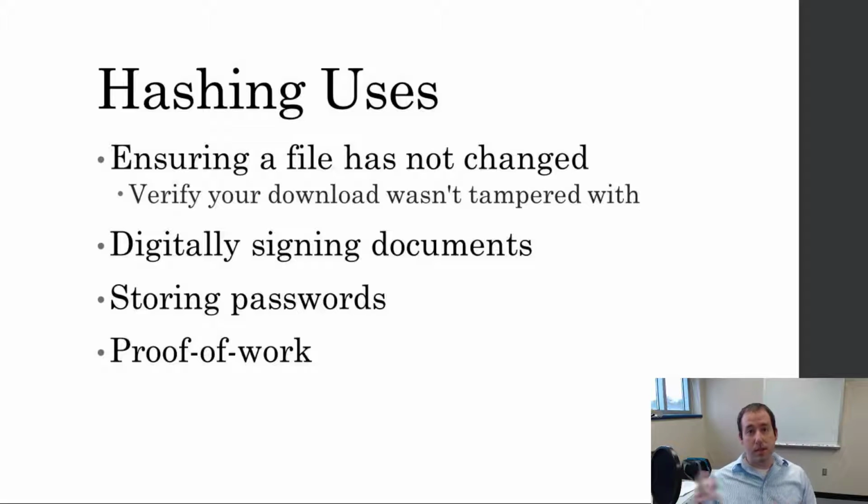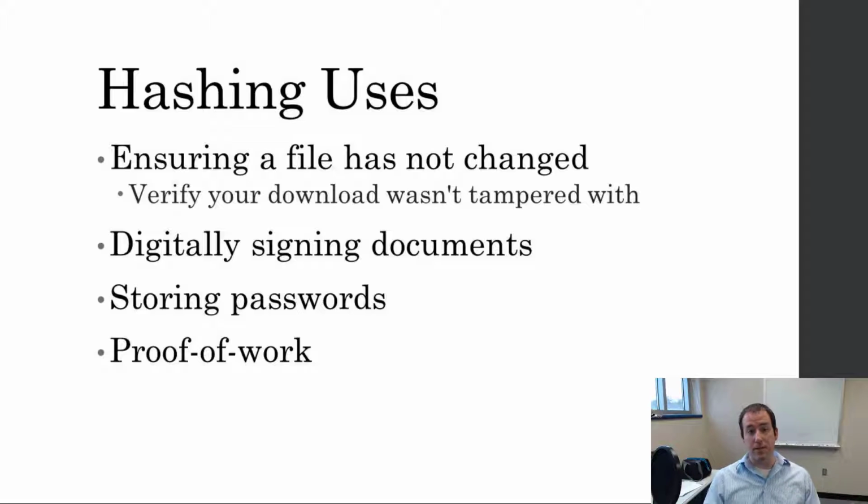And that makes sure that the file that you downloaded is the right file and that it wasn't tampered with or corrupted in any way. So you can also ensure that a file hasn't changed, meaning if I write up a document and cryptographically hash it, I can verify, again, by hashing the document again, that the document hasn't changed since it was hashed last time.